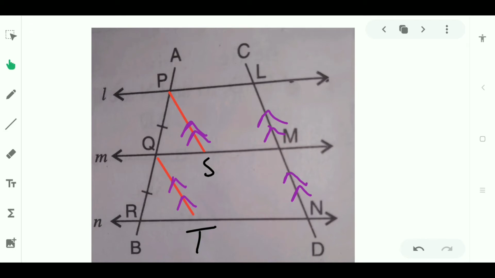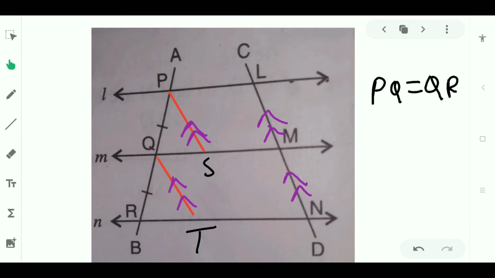Now in these triangles, let us prove what the congruent parts are. We have PQ equal to QR.